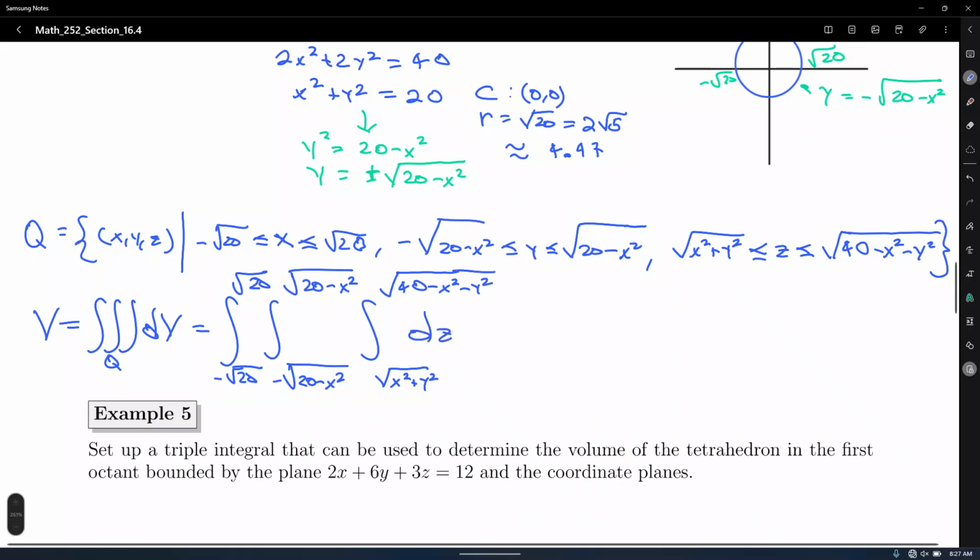And we'd better iterate this way: dz, dy, dx. All right? So that's one way to set up our triple integral.